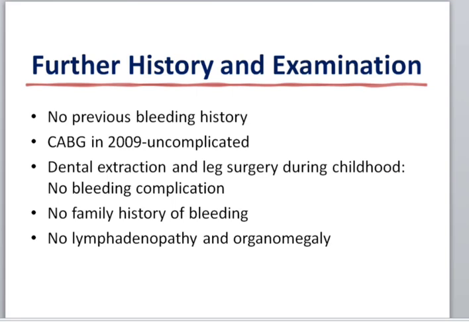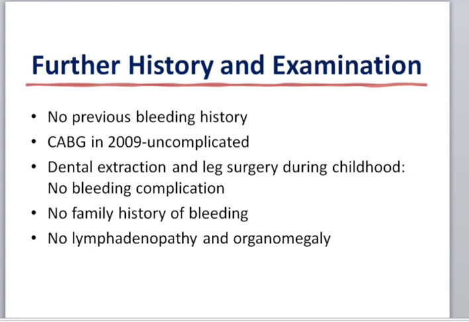So we took history from this patient, and he mentioned that he does not have any previous bleeding history. He had 2 surgical procedures, one major and one minor, without any bleeding complication. No one in the family is affected by a bleeding disorder, and upon examination, he did not show any signs of organomegaly or lymphadenopathy.